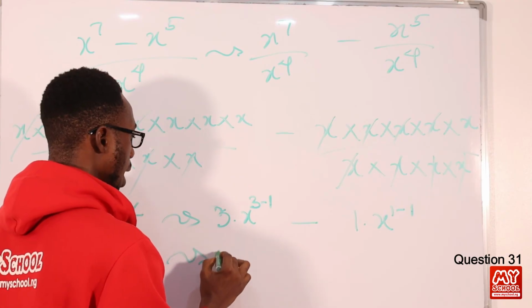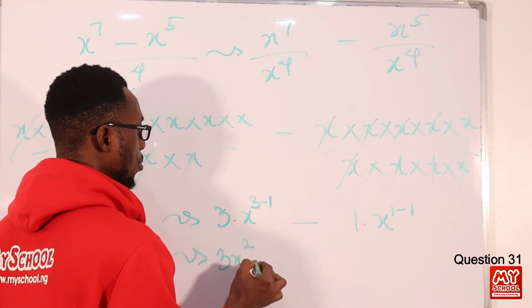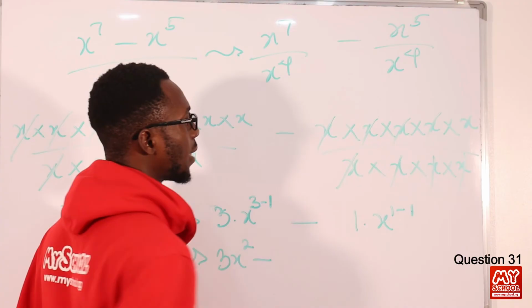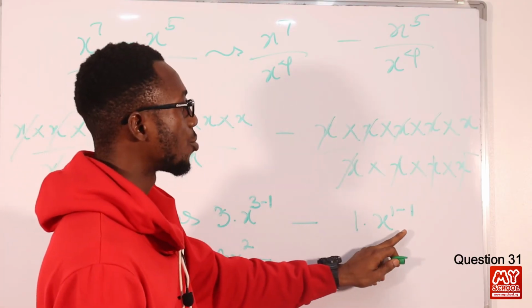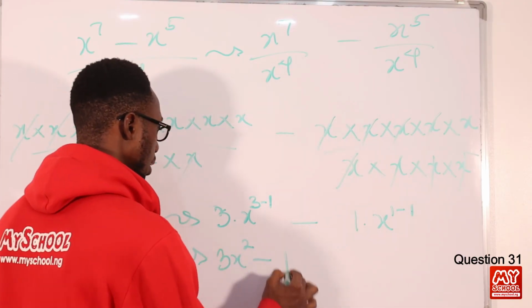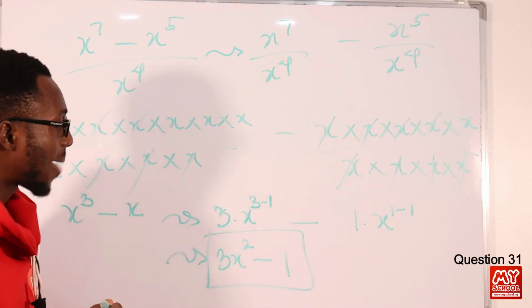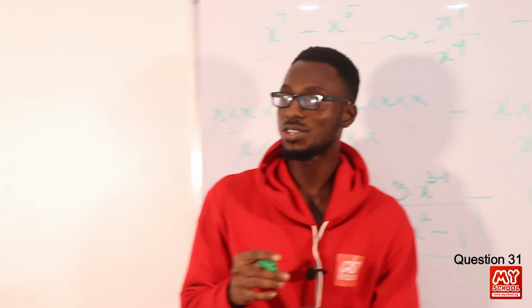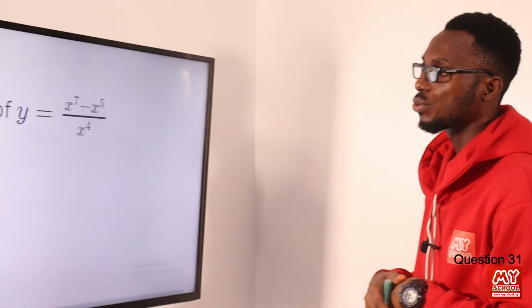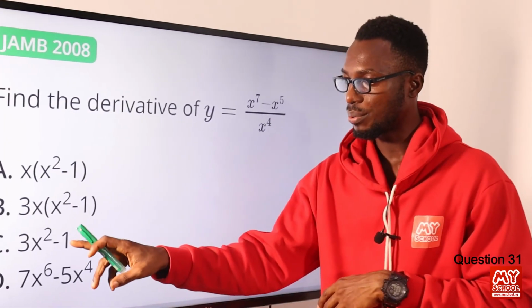So this is 3 times x raised to the power 2, minus x raised to the power 0, that is 1, times 1, that is 1. So this is the derivative we are looking for: 3x squared minus 1. So let's go back to the screen. 3x squared minus 1. Of course, we have a confirmation here. Option C is the correct option.